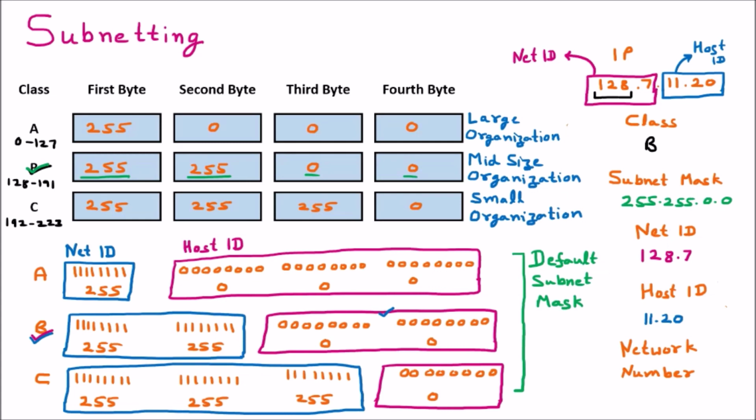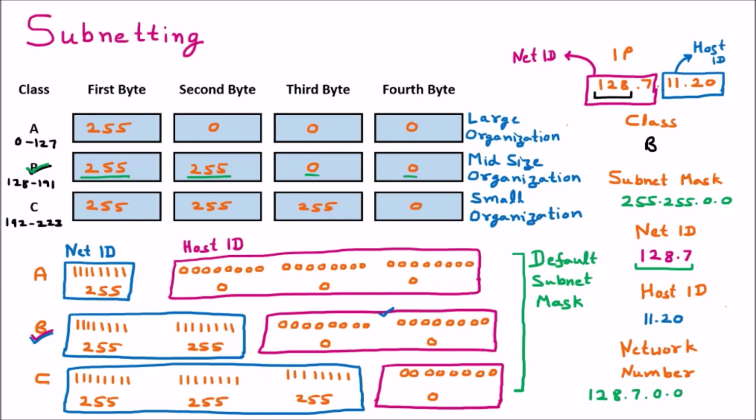First of all, whatever the net ID is, we write it: 128.7, that is the network ID that we take. Afterward, for the remaining bytes, put 0. There are 2 consecutive blocks remaining, because in IPv4 we have 4 blocks, and 2 are filled with the net ID. Now the remaining are 0.0. So that is the network number.